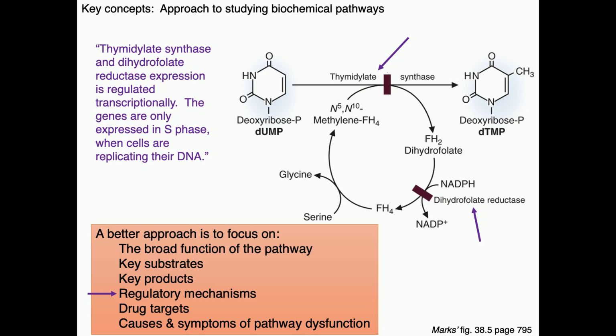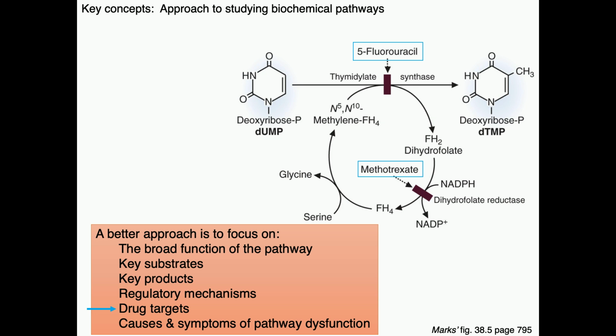Irrespective of that, though, there can be regulatory steps that determine whether a pathway is on or off, largely independently of substrate and product concentration. In the case of the thymidine nucleotide synthesis pathway, it's regulated by transcriptional regulation of the dihydrofolate reductase enzyme and the thymidylate synthase enzyme. So those enzymes are only expressed during S phase, when the cell is about to divide.